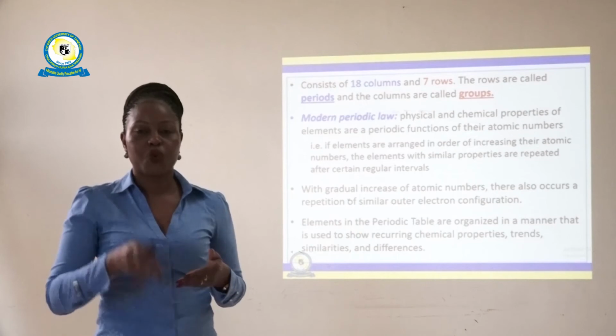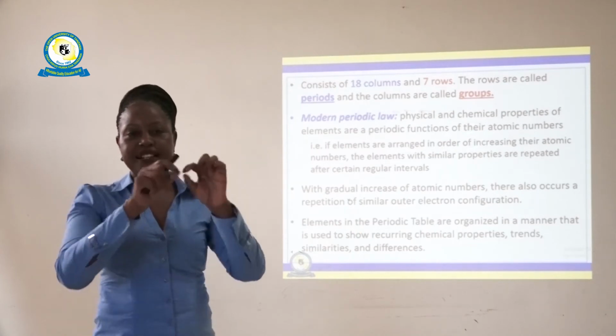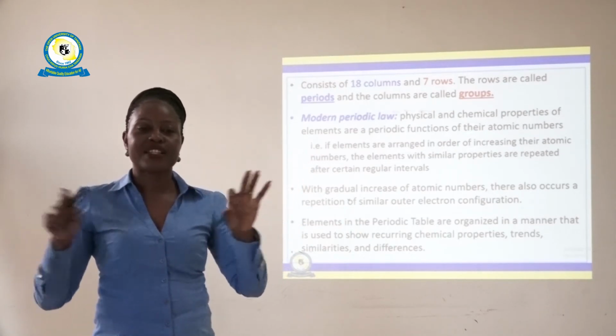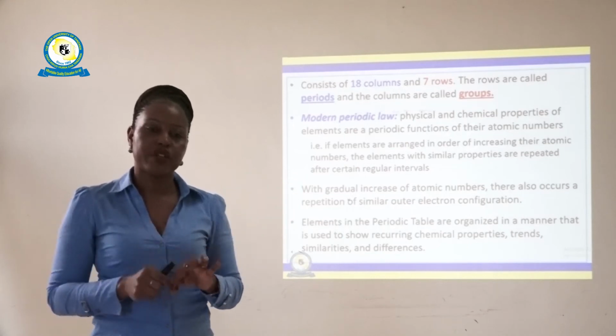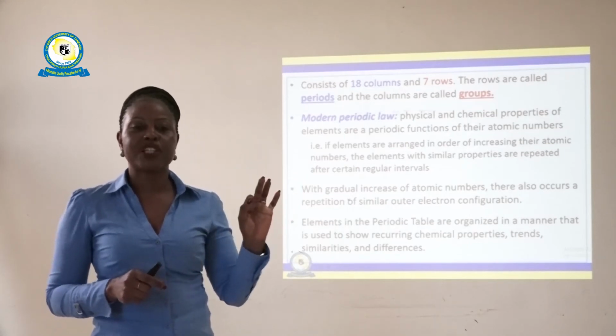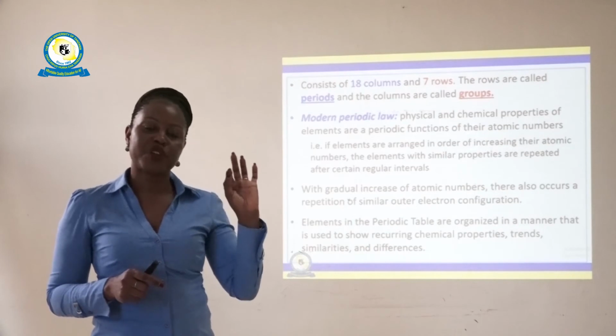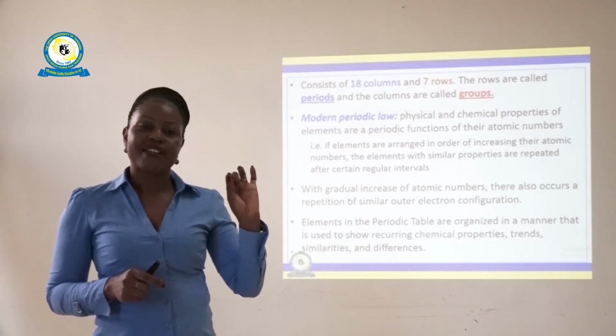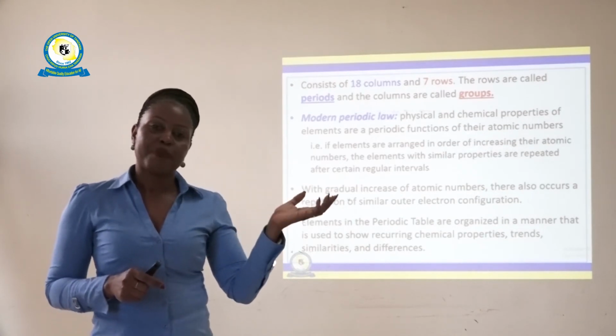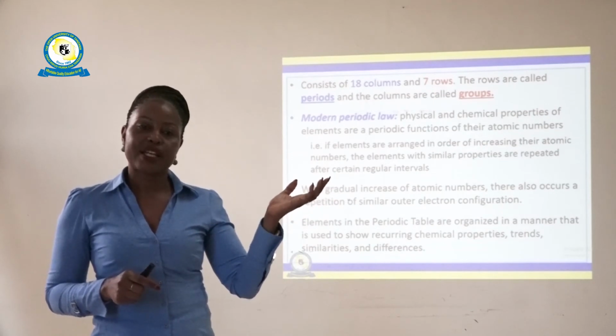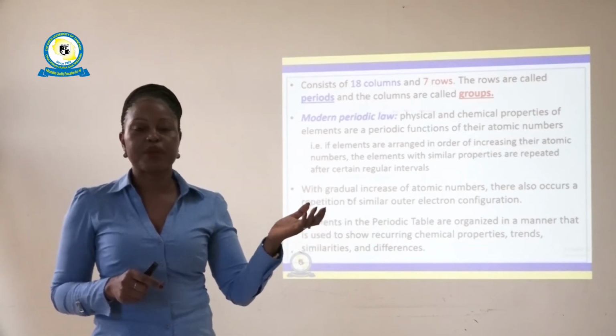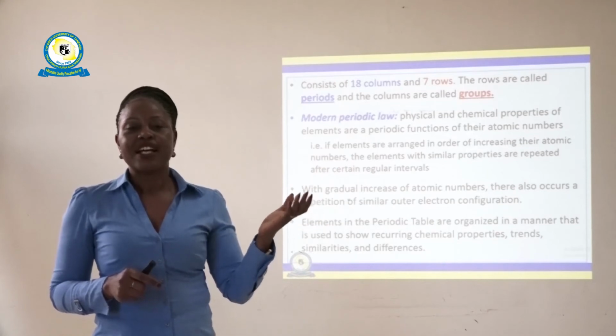The vertical ones are known as the groups, and the horizontal ones, the rows, are known as the periods. The modern periodic law basically played a significant role in the establishment of this modern periodic table of elements.